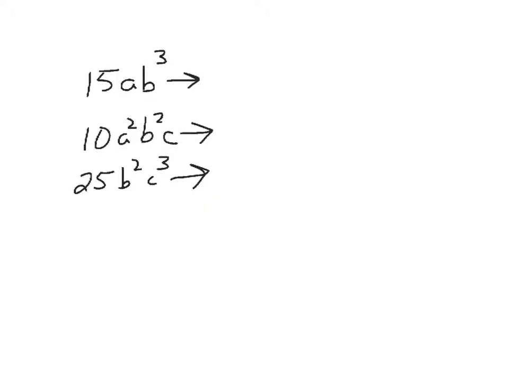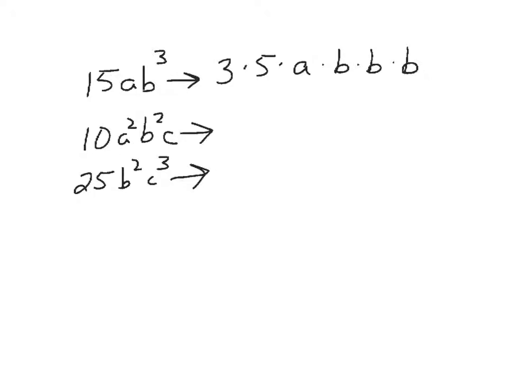Here's one more example. What is the GCF of these 3 different algebraic expressions? The first one I have is 15ab to the 3rd. If I was going to factor that, I could say that's 3 times 5 times a times b times b times b.